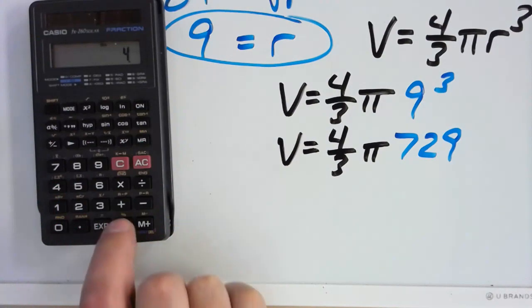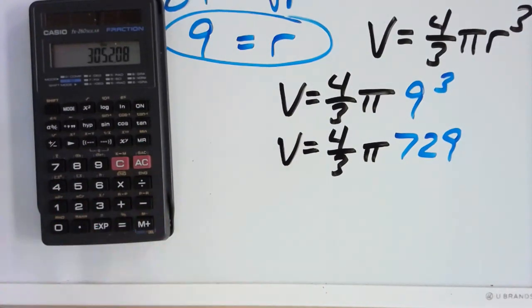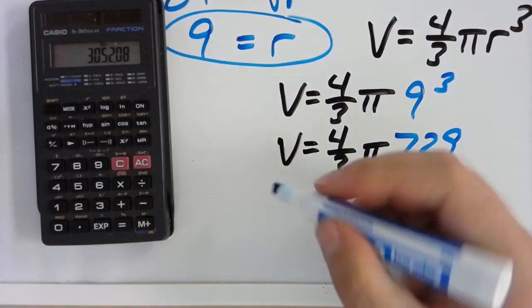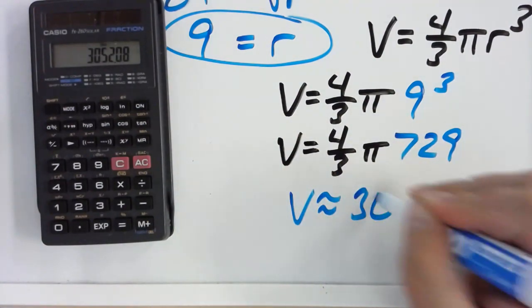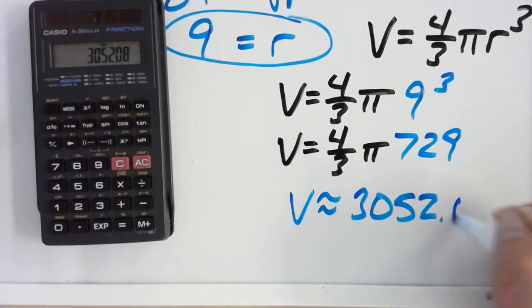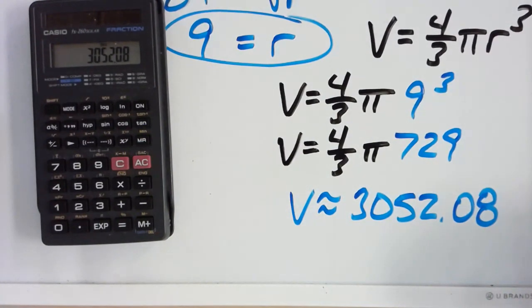Multiply by 4, divide by 3, which is the equivalent of multiplying by 4/3. My volume here, rounded to the nearest 2 decimal places, is 3,052.08. The units here in this problem are in centimeters, so volume is in cubic centimeters.